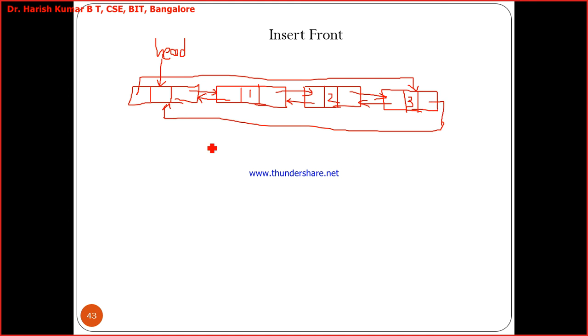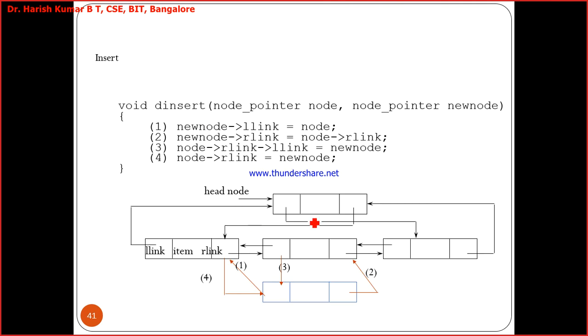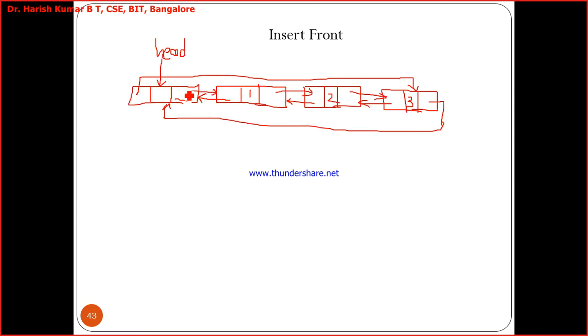Okay, yeah, it's done, I think. Yeah, we are done. So head is pointing to this, and the left link is pointing to the last node. Yes, I have done it. And the right link of the head node is pointing to the first node. Yeah, that is also done.